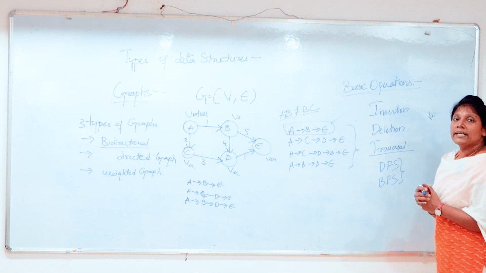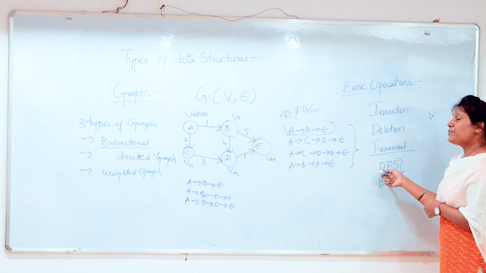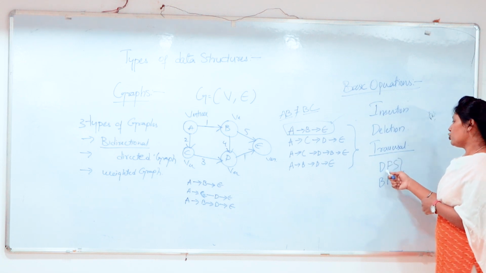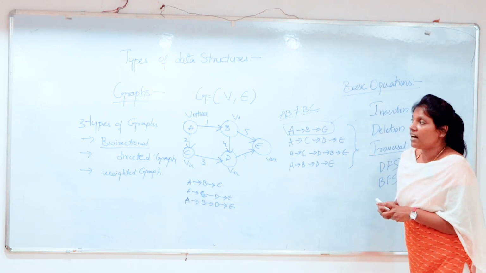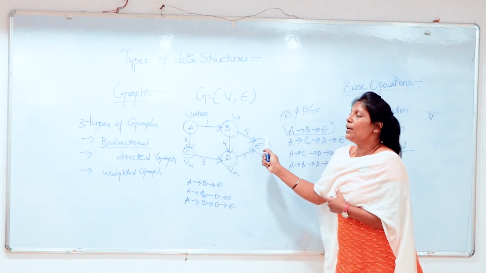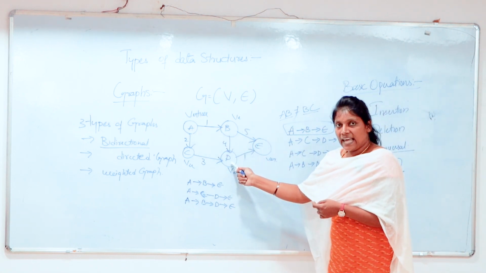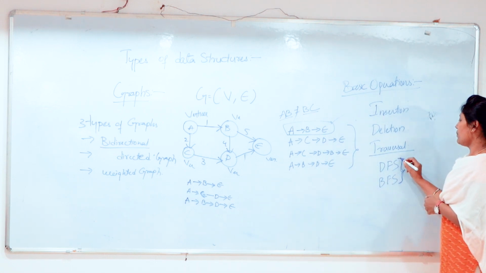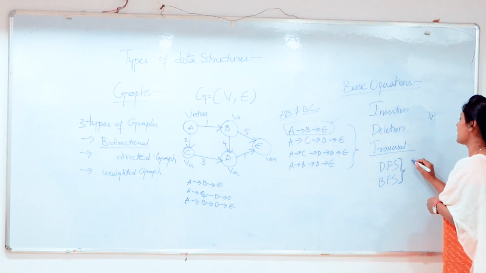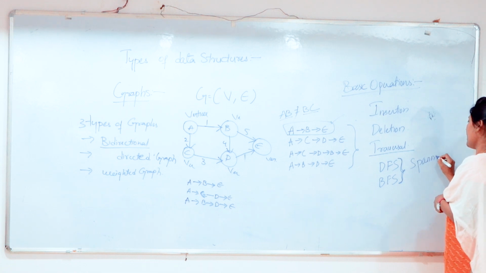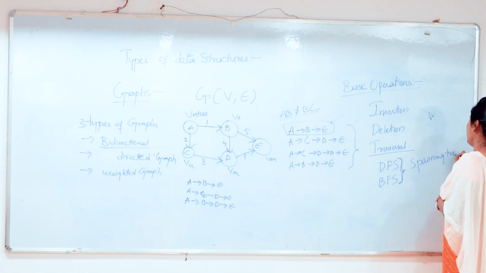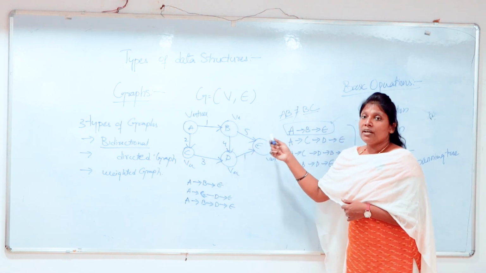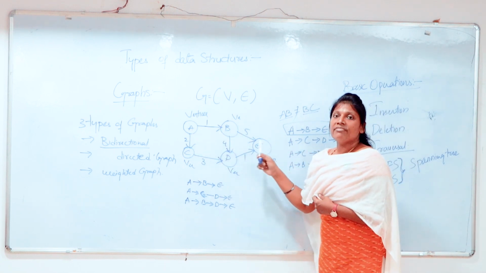Using these two methods we will be following depth first search and breadth first search, traversing each and every node present in our graph. After performing these two methods we will be getting a spanning tree of our graph, which will cover all the nodes in our graph with the least number of edges.